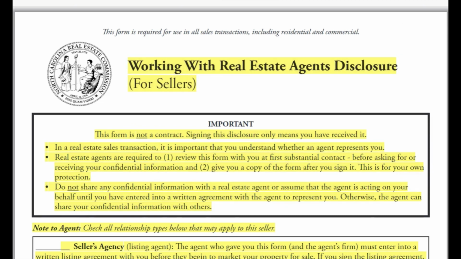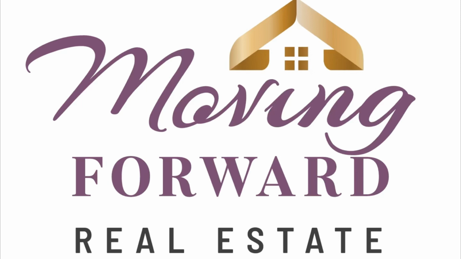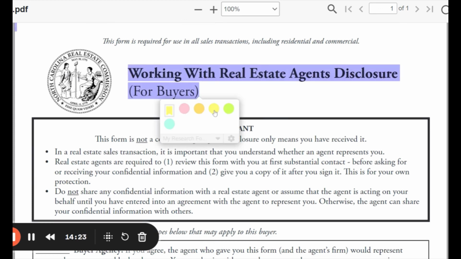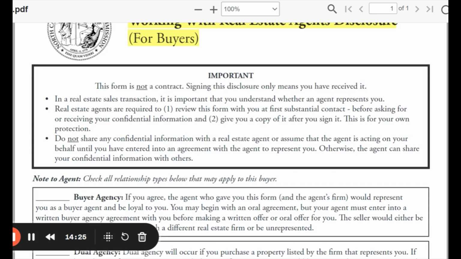So let's try to switch back over here and see if I can find the one for the buyers. So here we are with the buyers, the working with real estate agents disclosure for buyers. This form is not a contract.